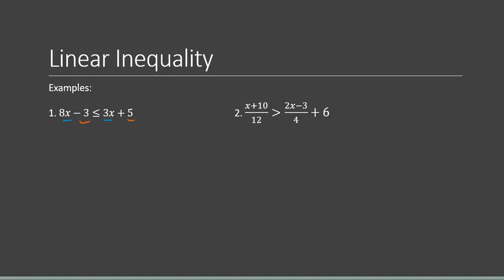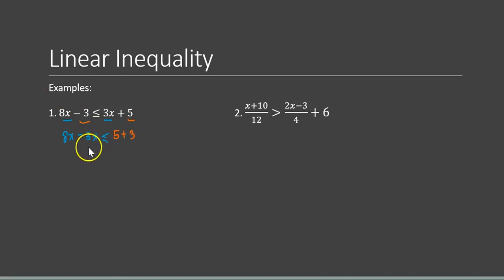So what I'm going to do is transpose, which is a term that we commonly use. And then I'm also going to have all the constants on this side. Since this is -3, when we transpose this, it becomes +3.